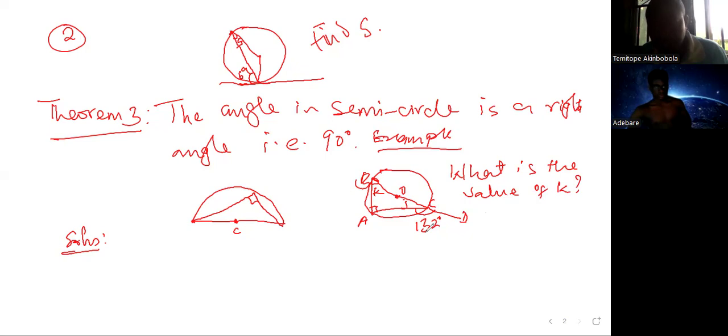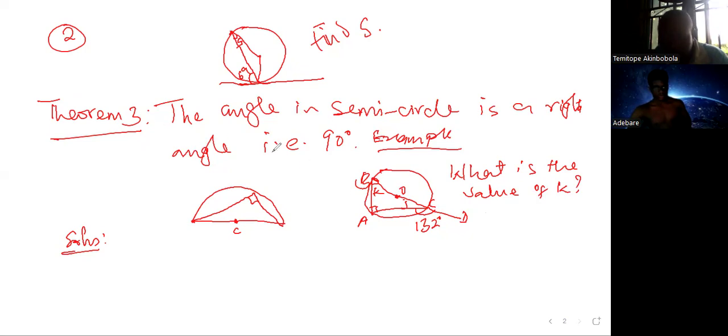A, B, C, D. Now, if you look at it, you can see that BD is a straight line. Or you want to say BC is a straight line, whichever way. But I would prefer to say BD because it's the line from B that extends to D. Do you understand that now?